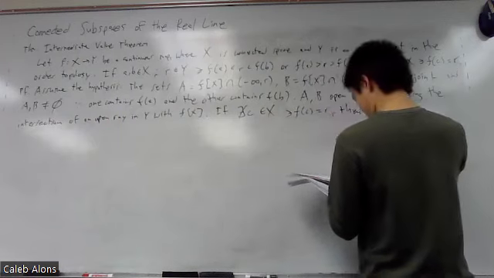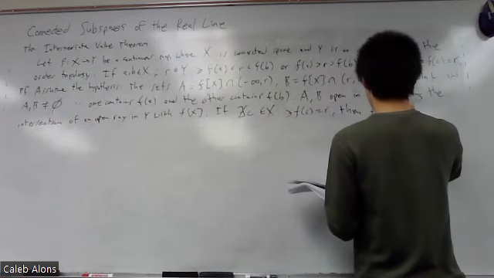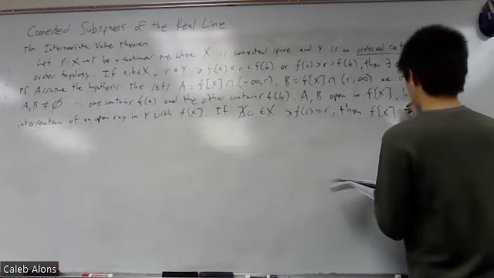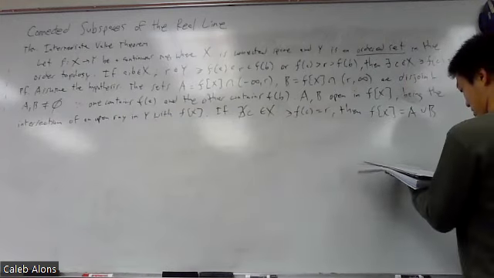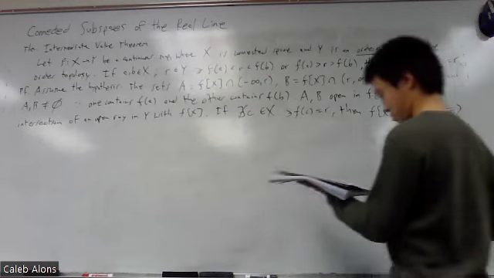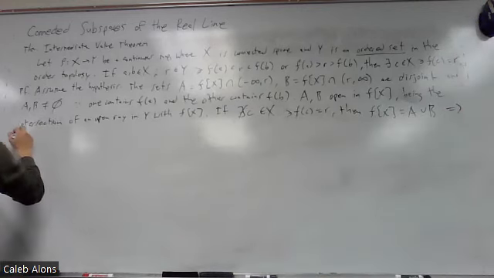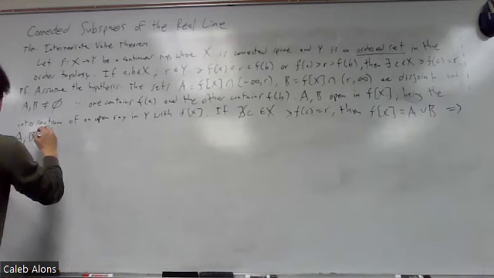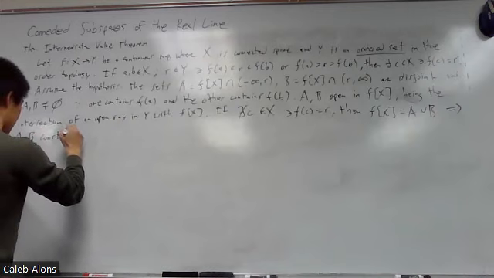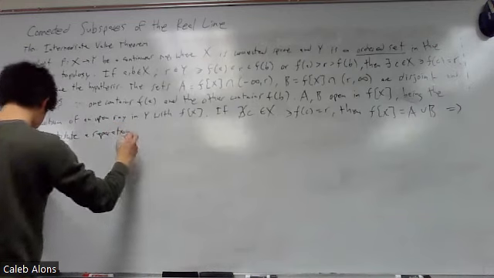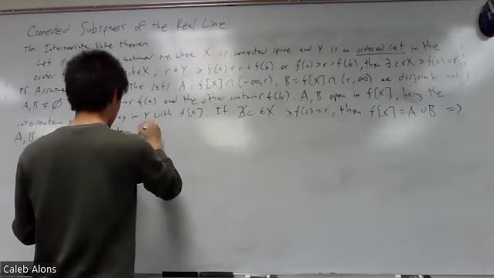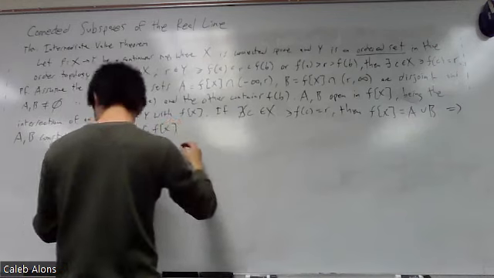Then the image constitutes a separation. A, B constitute a separation of the image. Now, where is this immediately a problem?